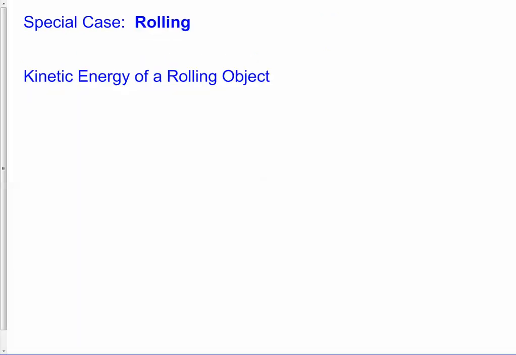Okay. So in the case of rolling, we've talked about some of the ideas, but I'd also like to get an actual formula for the kinetic energy of a rolling object. As we said, when an object can move and rotate, it's got two pieces of kinetic energy: the translational and the rotational. So it's got 1/2 m v_CM squared.